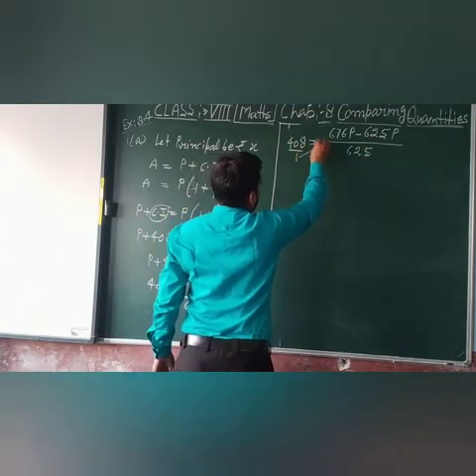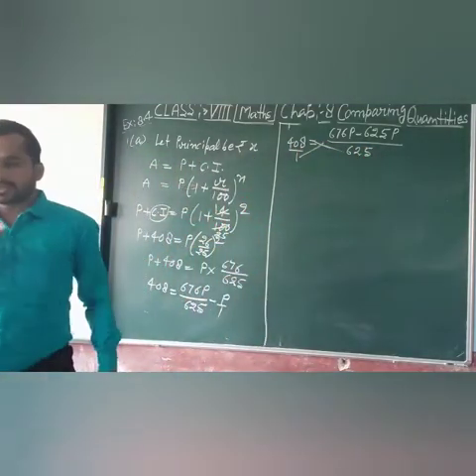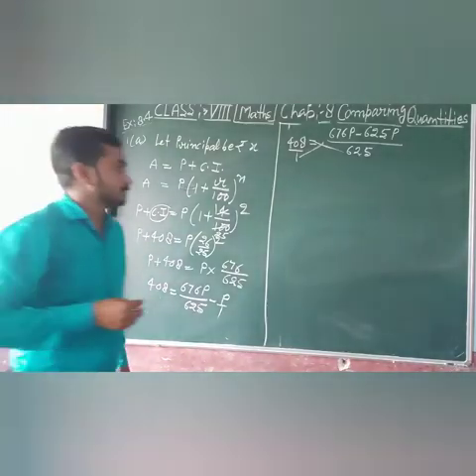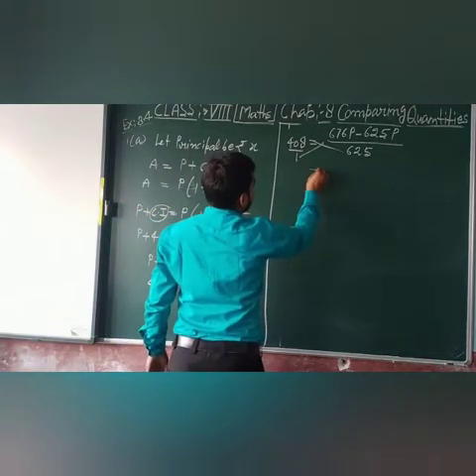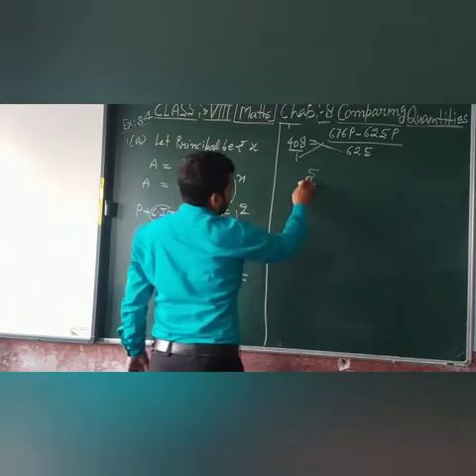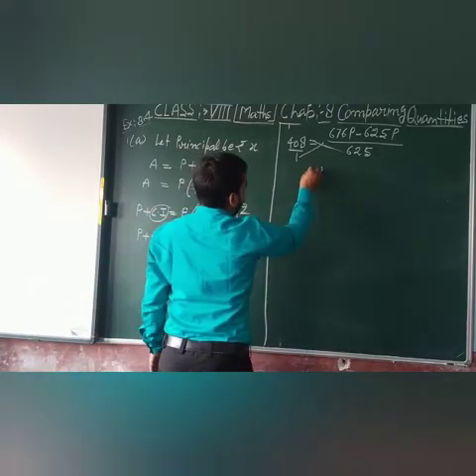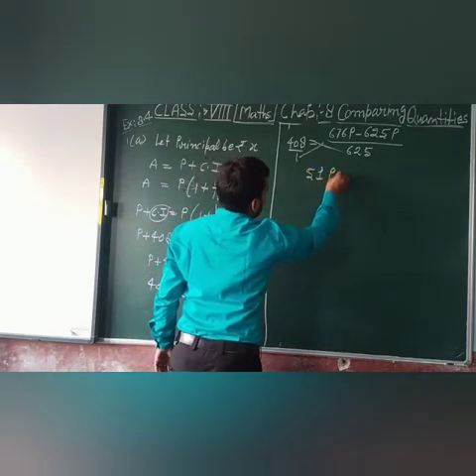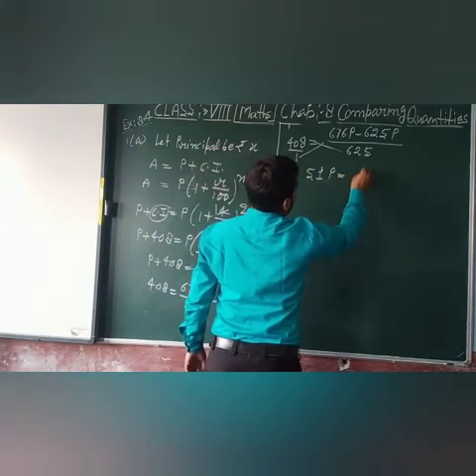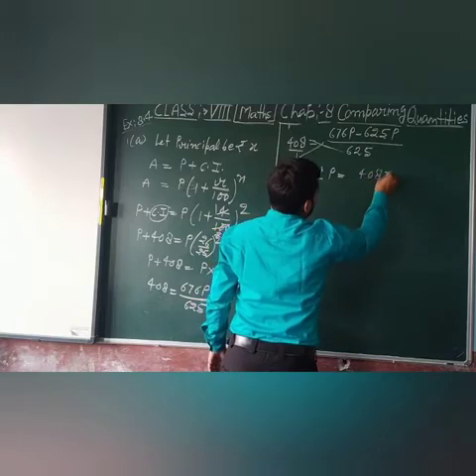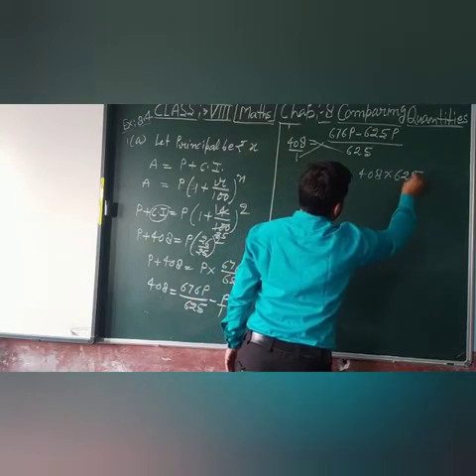Then we cross multiply: 676 minus 625, 6 minus 5 is 1, and 7 minus 2 is 5, so 51P. 51P equals 408 into 625.